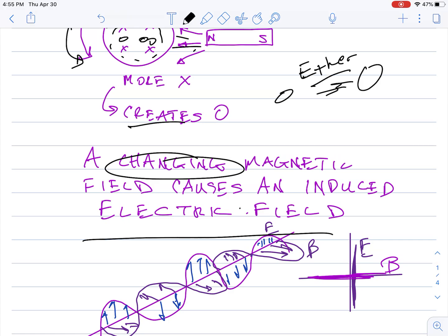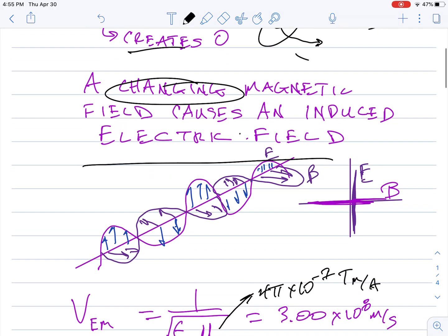So for a while, here's a quick history lesson. They thought there was something called an ether. And this ether had these weird, mysterious properties, like the Earth could move through it, but it never slowed it down, and it didn't in any way inhibit the light. But we needed a medium through which this energy could get from the sun to our rock, because they didn't think it could be a vacuum.